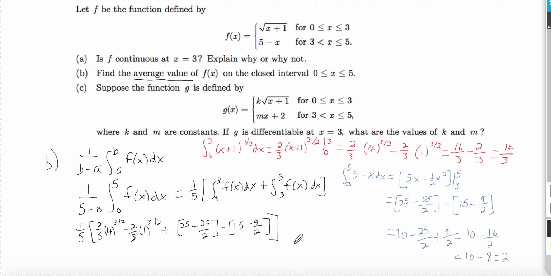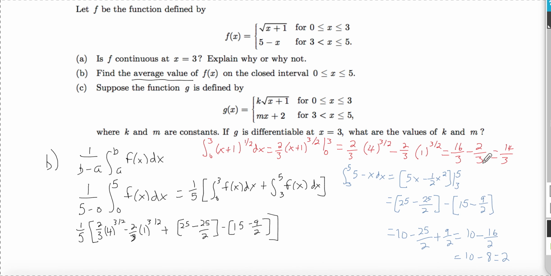And just actually leave this as my final answer, because this is fine. I did the integral value, it's whatever that is. Plus, I did my integral value, it's whatever that is. And just leaving it like this would be my recommendation.